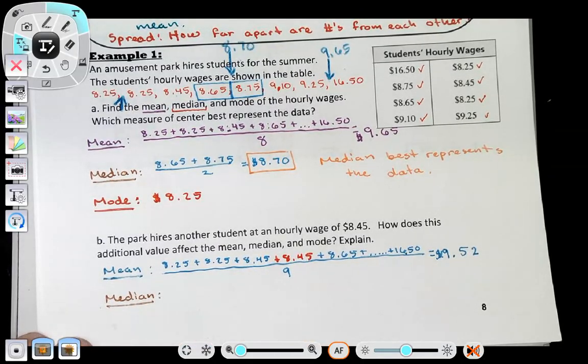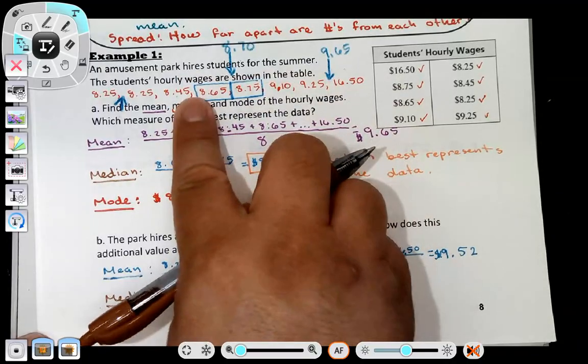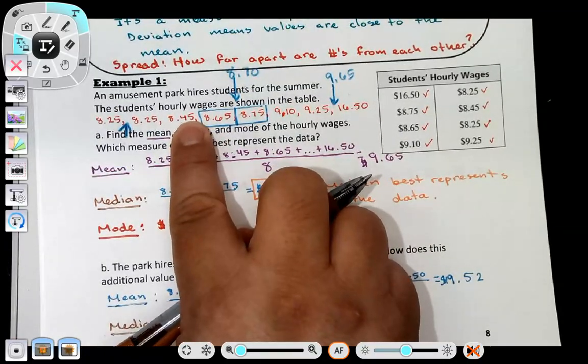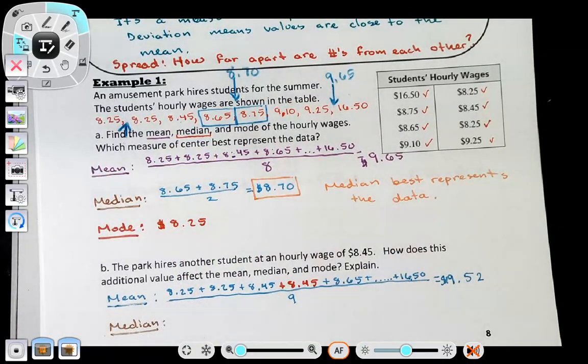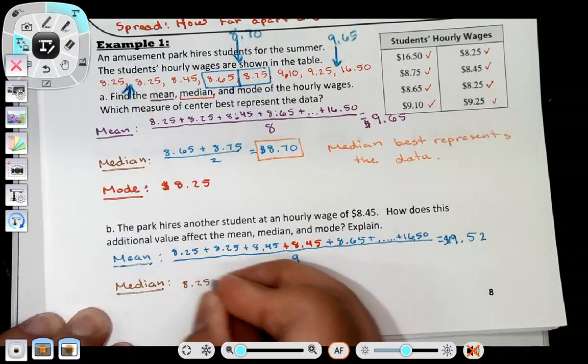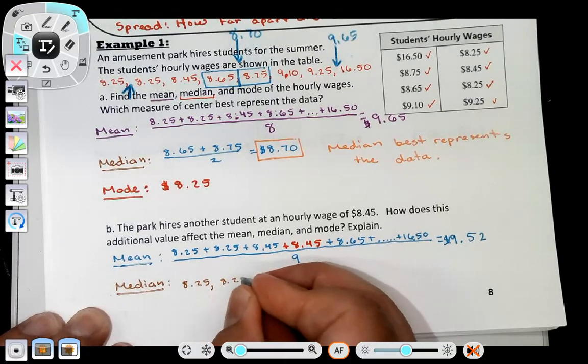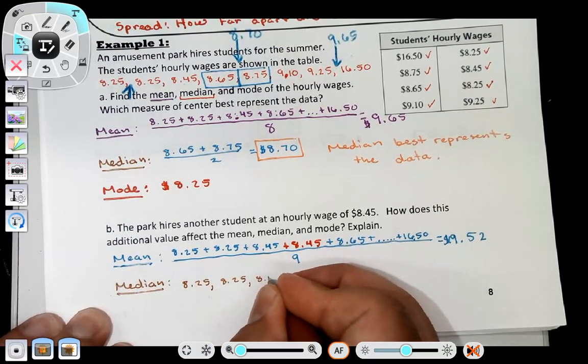So we had this list of numbers, right? But when I had this list of numbers, I added this 845 right here. So if you added that 845 to the list, well, let me make my list again just so you could see it. Remember, we're not adding this time, but it's 825. Remember, it's 845.